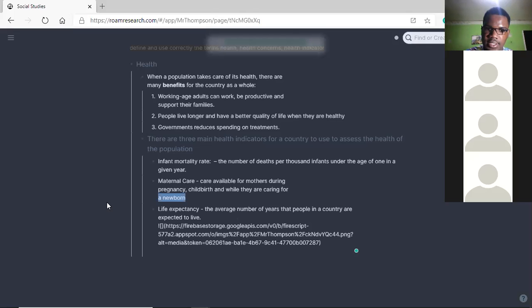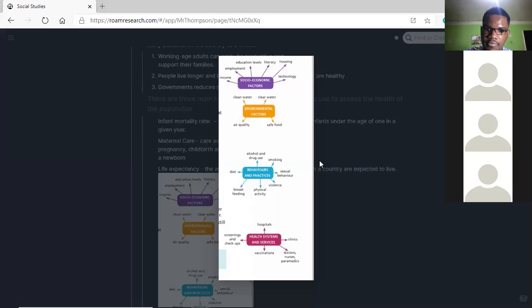This encapsulates the behavior of healthcare. So let's look at it. The socioeconomic factors, right? The behaviors and practices, right? And also the health systems and services. So the socioeconomic factors, what affects the health of people?